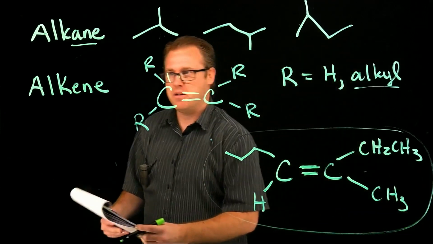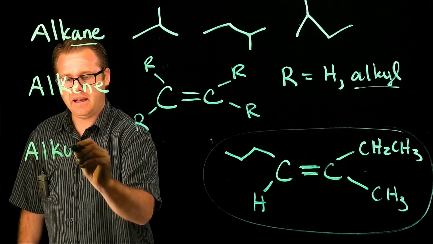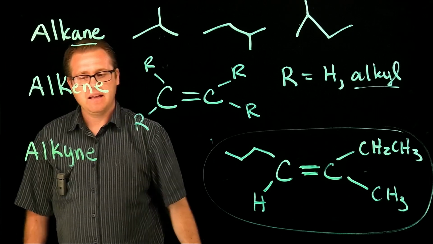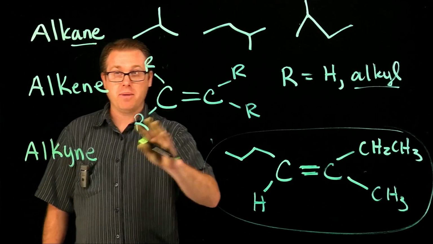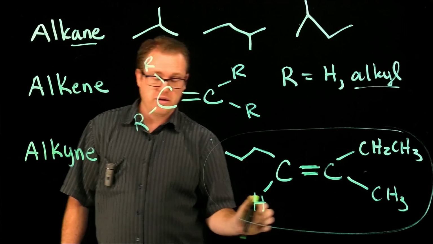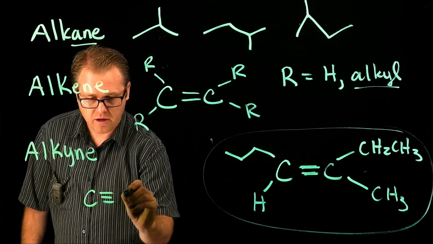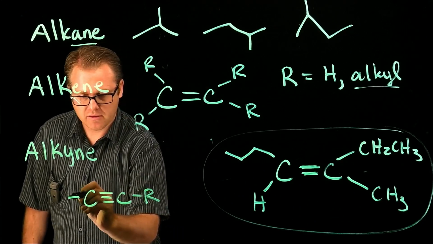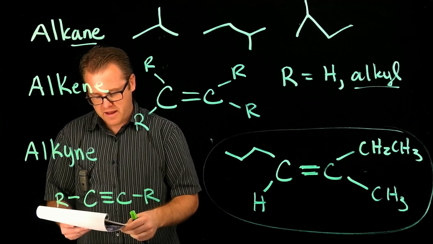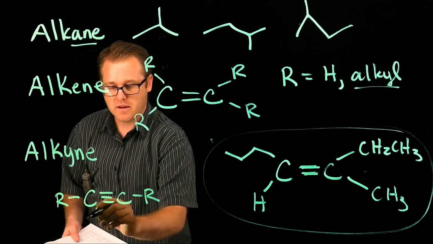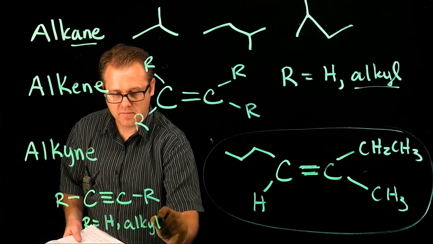And the last one that I want to share with you for this video is an alkyne. And an alkyne is a molecule with only carbons and hydrogens with a triple bond. So those R groups right there, those R's, they can be hydrogens or alkyl.